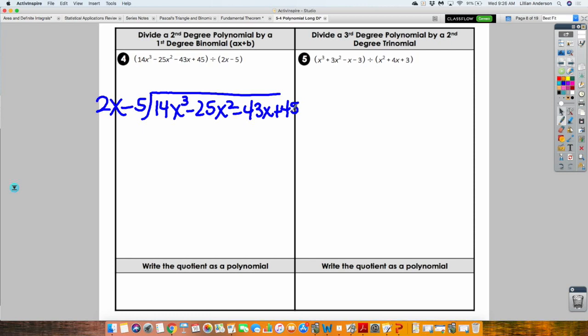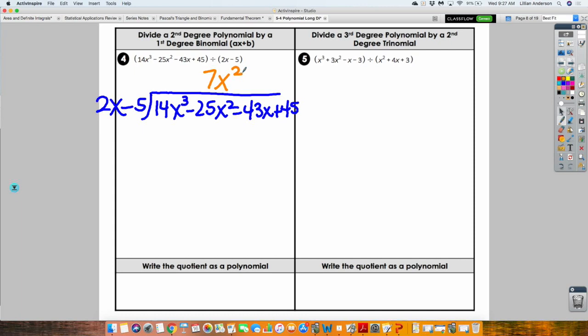So this one's a little bit different, because instead of asking, x times what gives me 14x to the third, I have to ask myself, 2x times what gives me 14x to the third? 7x squared. Okay? So this was a tad bit different.